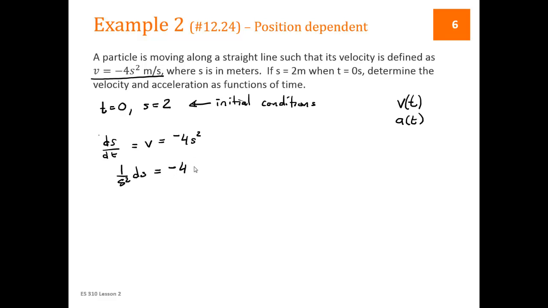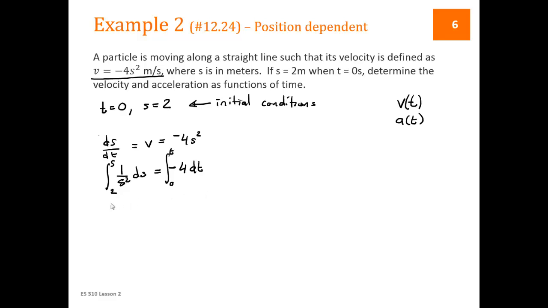So -4 is still there, dt. Now we can integrate both sides, right? So we're going to integrate this side from our initial position, which is 2, to whatever our final position ends up being. And we're going to integrate this side from our initial time, which is 0, to whatever our time ends up being.